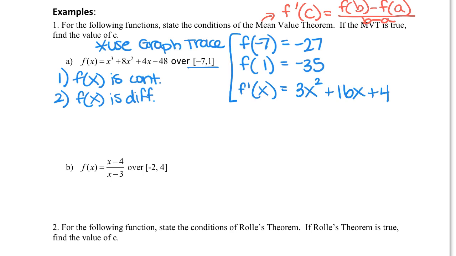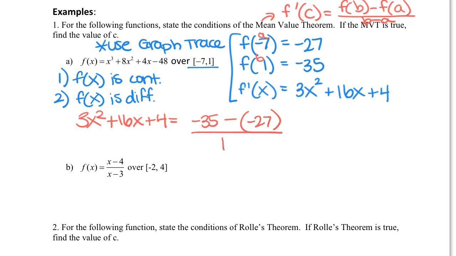So I want to set my derivative, 3x squared plus 16x plus 4, equal to the slope of the secant line. So f of b, so this is like my a and this is my b. So f of 1 is -35 minus f of a is -27 all over 1 minus -7.